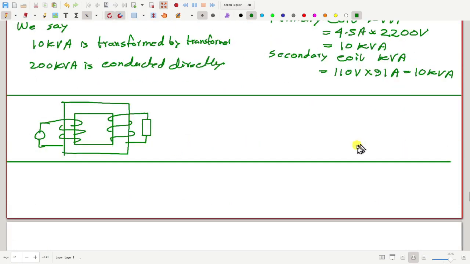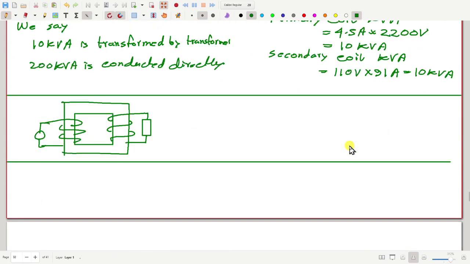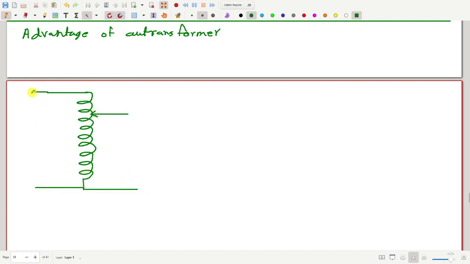Next, one more thing, one advantage of an autotransformer. An autotransformer has only one coil. Suppose these are the primary side and the secondary side.